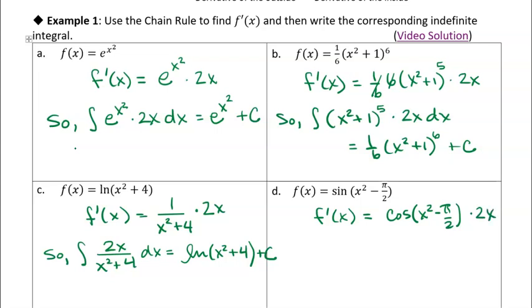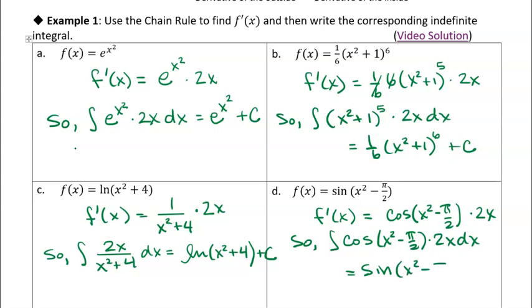All right, so that tells us the antiderivative of my derivative here, which is cosine of x squared minus pi over 2 times 2x dx, has to be sine of x squared minus pi over 2 plus c.